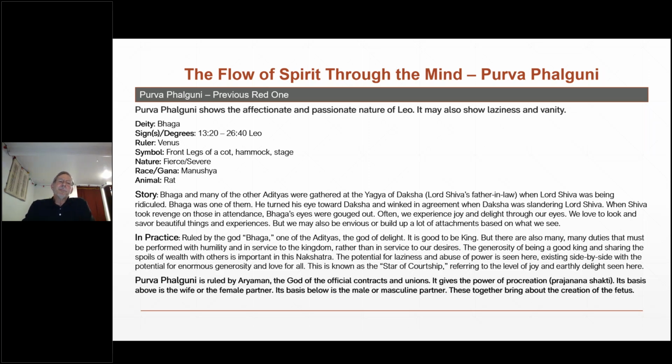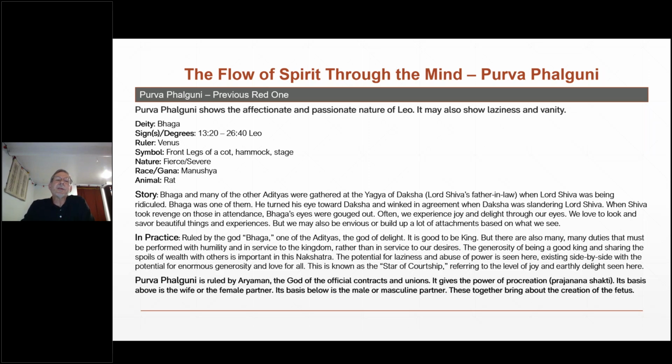Purva means the previous or the earlier, and Phalguni relates to that. In some cases, they talk about it like having a fig in the palm of your hand, but when it's translated into the red one, you have to dig in and look at the color red and how that's related to royalty and to passion.